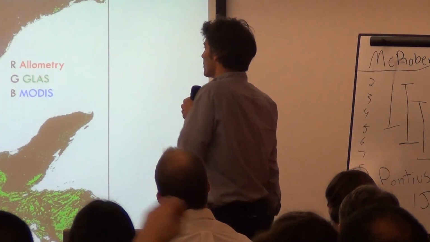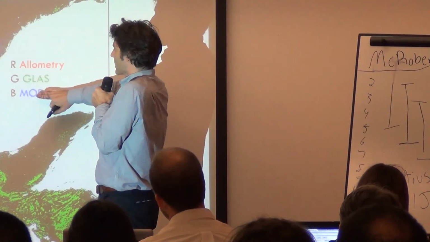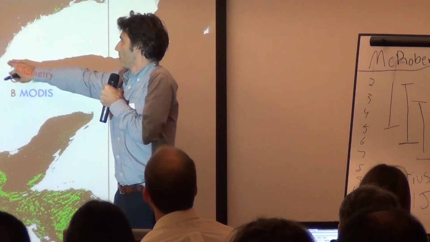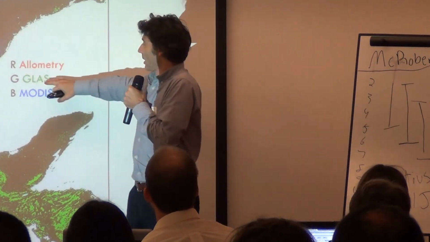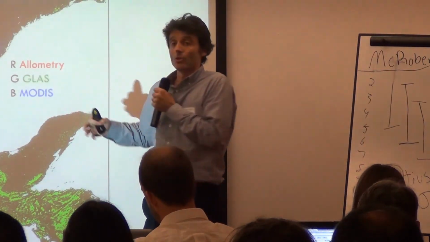And so what you will see is that if the error from GLAS and MODIS doesn't exist, your image will be all red, right? It will show up in red. If there is no allometry, no MODIS, only GLAS, it will show up in green.